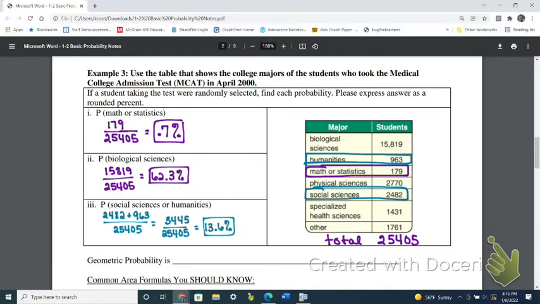So this part is just being able to read the table, find the total, and figure out what you need to know. The last thing we need to talk about is geometric probability. So let's take a look at that next.